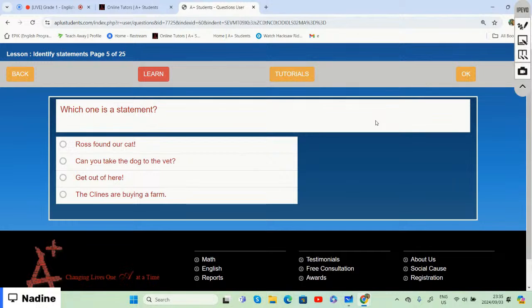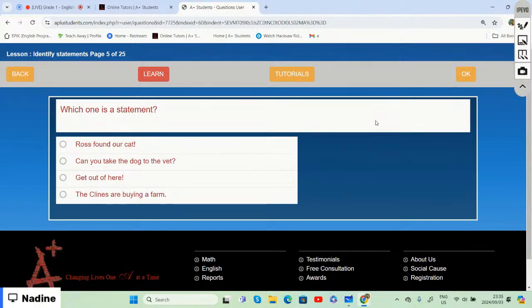The next one, it says, which one is a statement? So we must choose a statement.